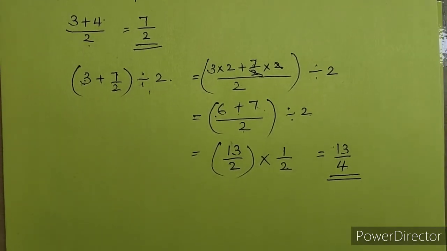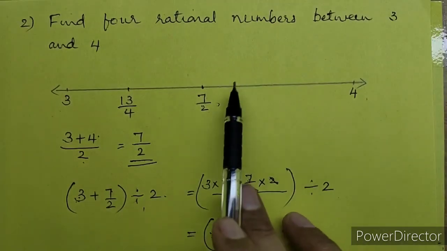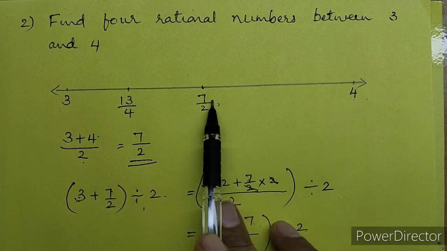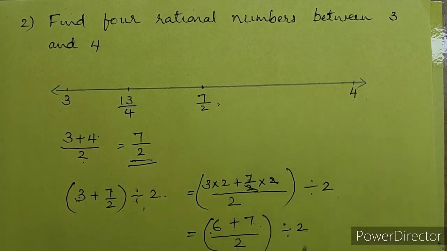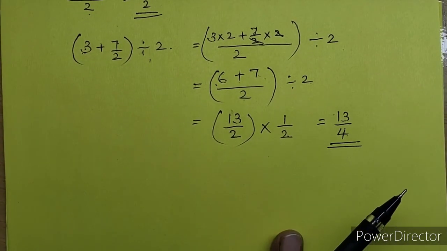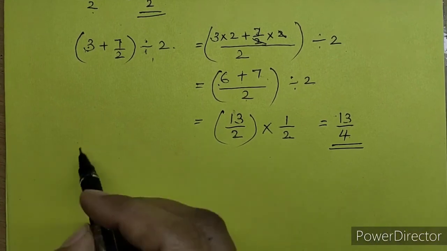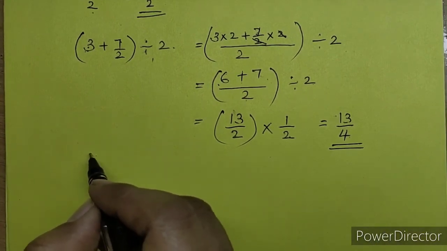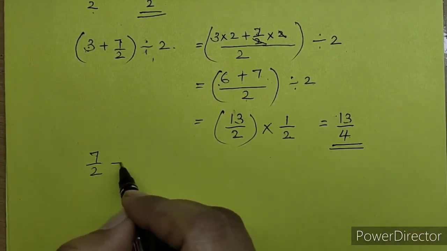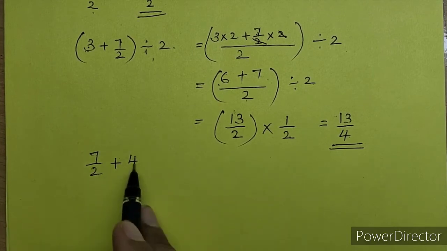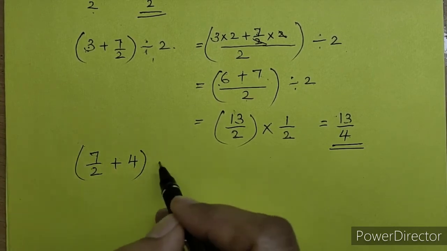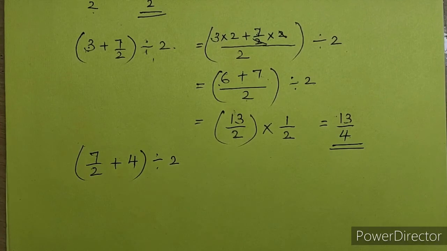Next, the third number. You can take 7 by 2 and 4. In between 7 by 2 and 4, one rational number you can find. Same procedure you have to follow. Take both numbers, 7 by 2 plus 4, add both and divide by 2. Again you have to take the LCM. 2 is the LCM.